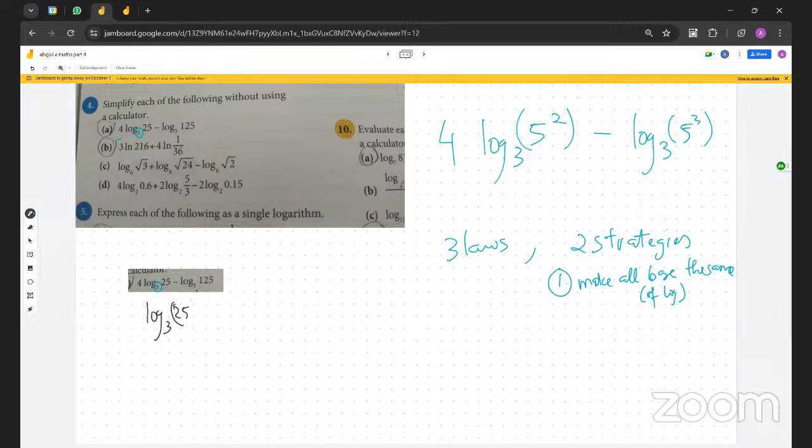325 power 4. Did you notice I am applying one of the laws? The 4 jumps in. If you don't recognize the law, I'll say it the positive way: the law doesn't make sense.